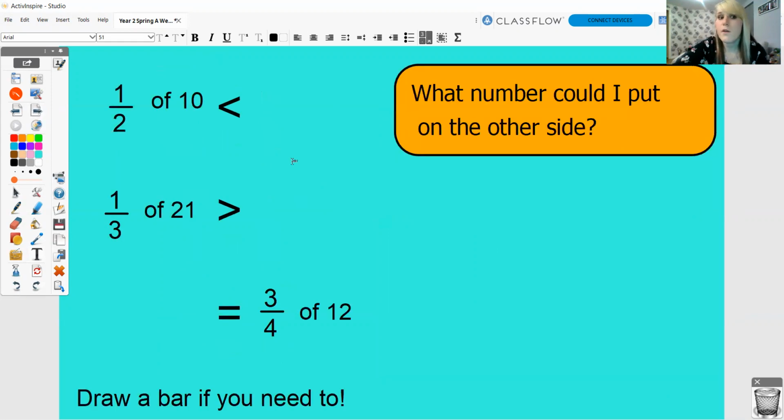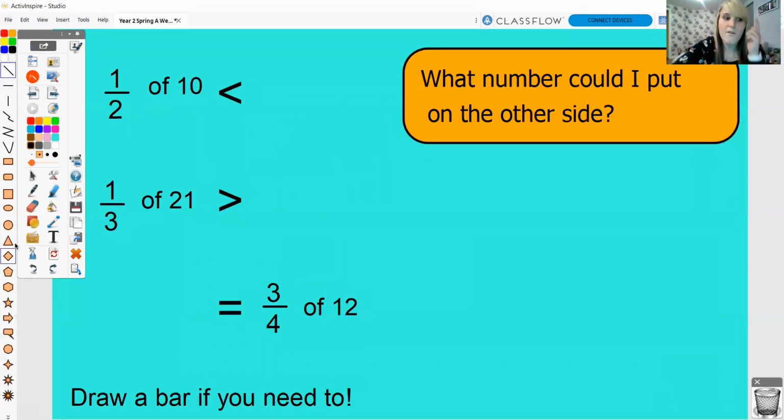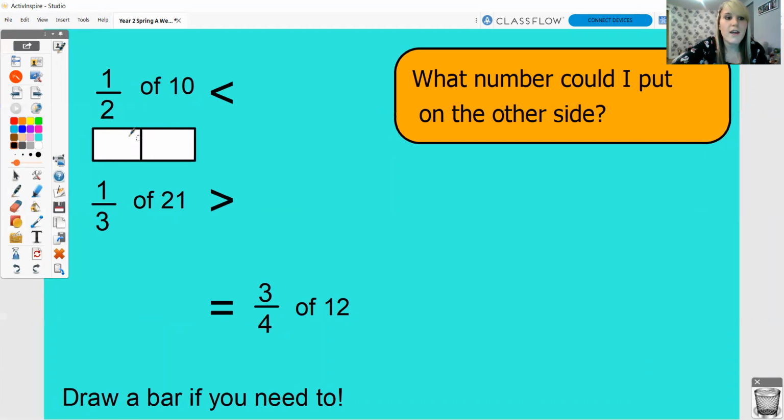So this is what the equality symbols look like with numbers. Now, if we were to look at them with fractions, we just need to put something on the other side that makes the number sentence complete. So half of 10, if we know that mentally, that's fine. If we don't, then we can draw a bar, divide it into 2, and then share out 10. So 1, 2, 3, 4, 5, 6, 7, 8, 9, 10.